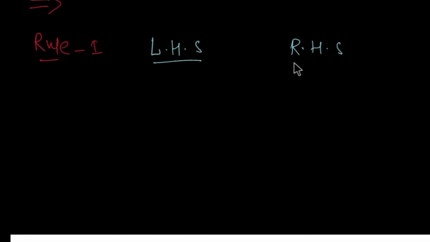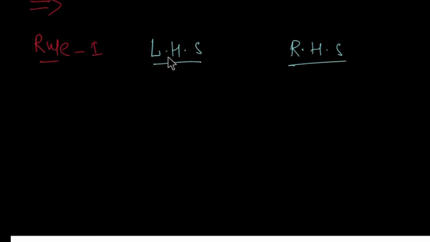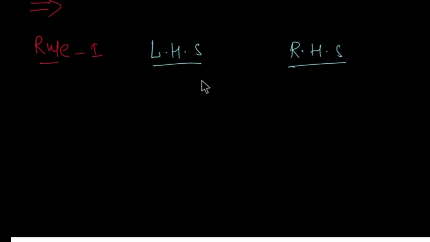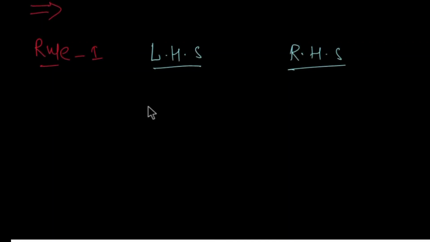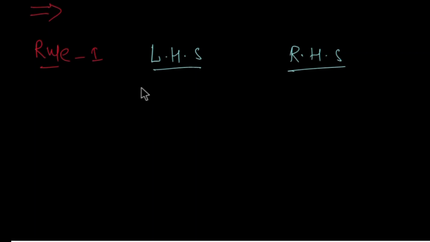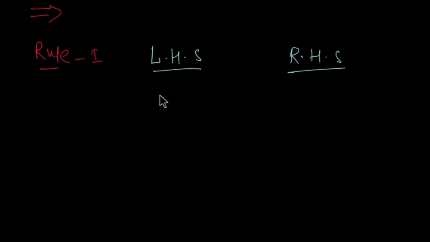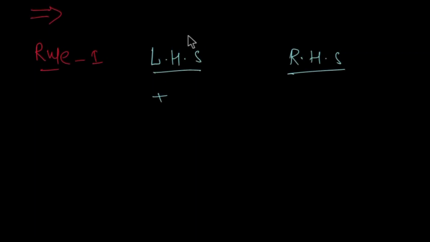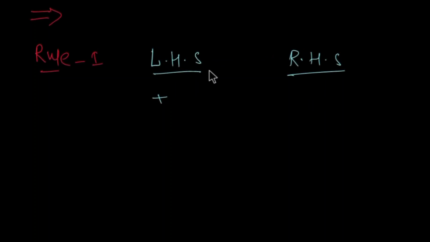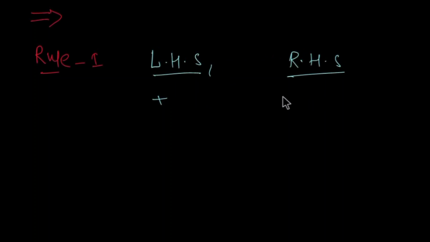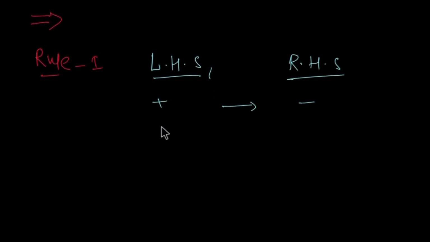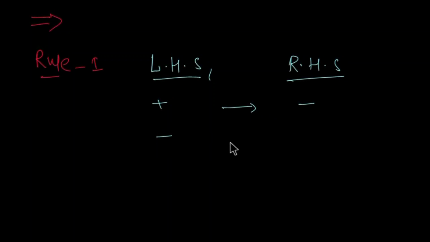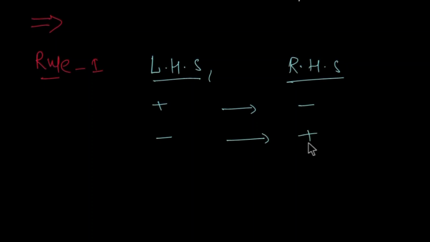So try to understand, if any number is going from the left hand side to the right hand side, you know that side change means sign change. So if this side is plus, going from left to right it will be minus, and if this side is minus, it will become plus.